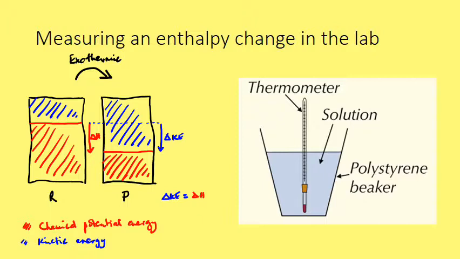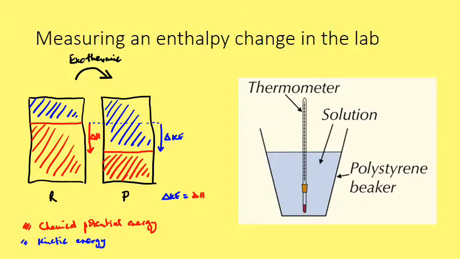You take their temperature before you've added them together, then you add them together, they react, it's a neutralization reaction, and then you take the temperature afterwards. If it was a neutralization reaction, you'd find that the temperature would have gone up.